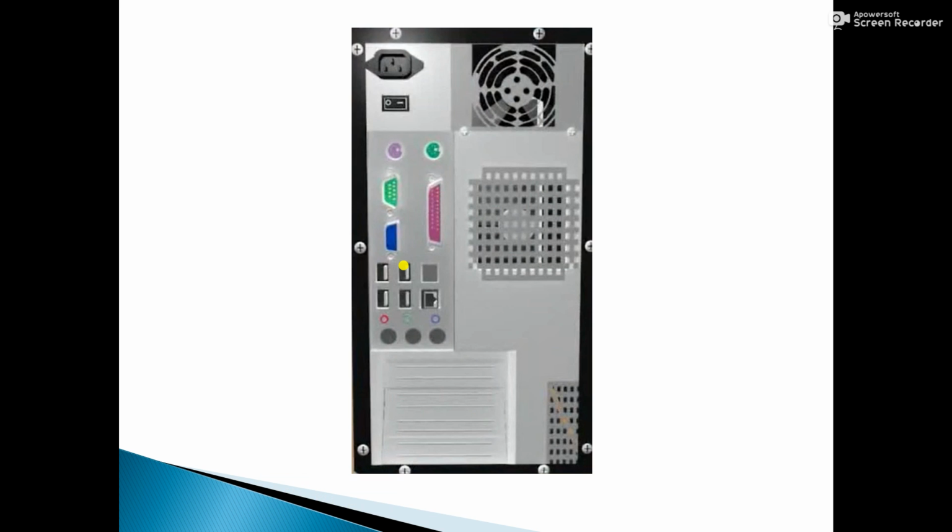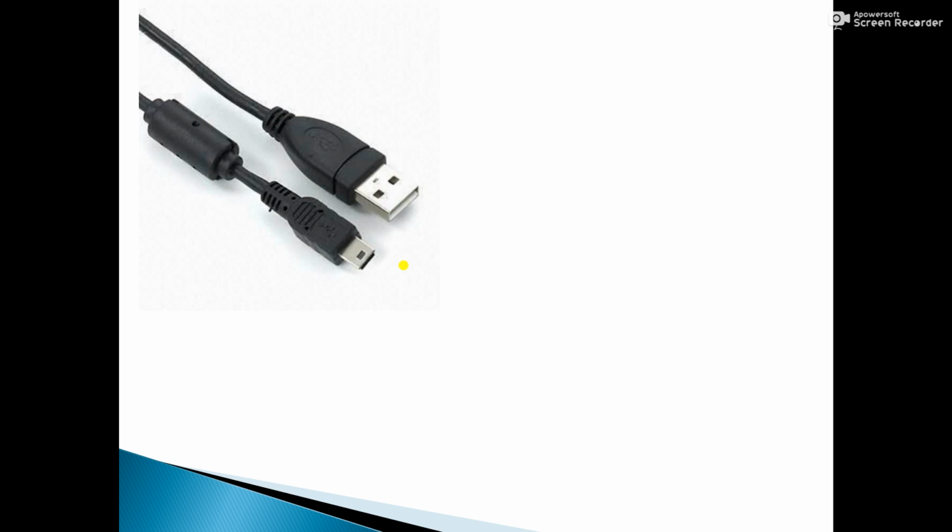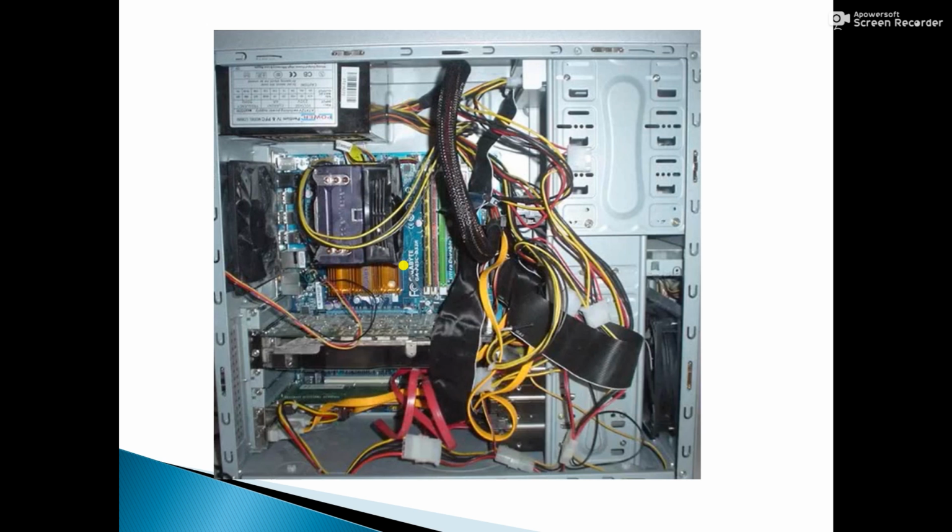Now let's look at the back of the CPU. There are various types of ports available for connecting different devices to the CPU. This is done by using various cables. There are many components inside the CPU like RAM, processor, ROM, hard disk, north bridge, south bridge, motherboard, different types of cards, and all these components generate heat while functioning.